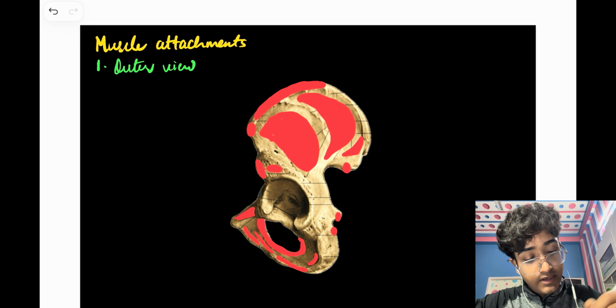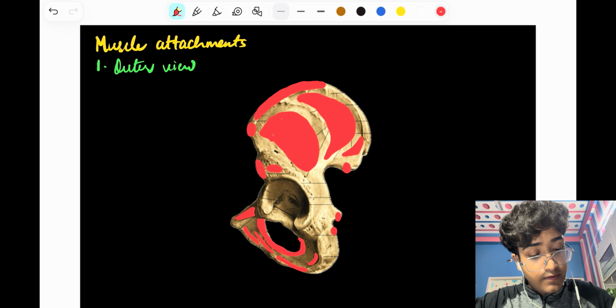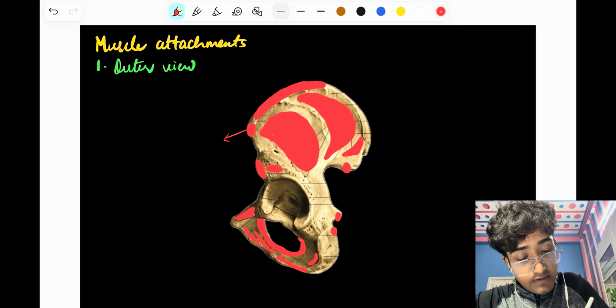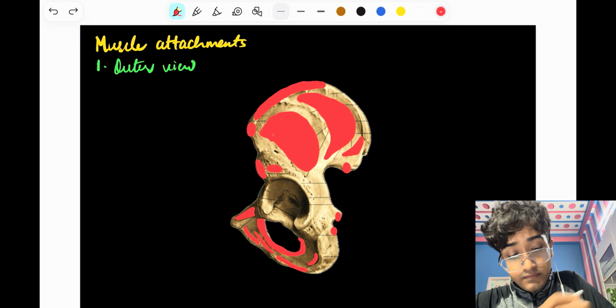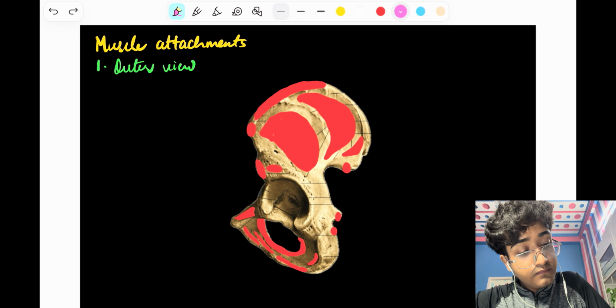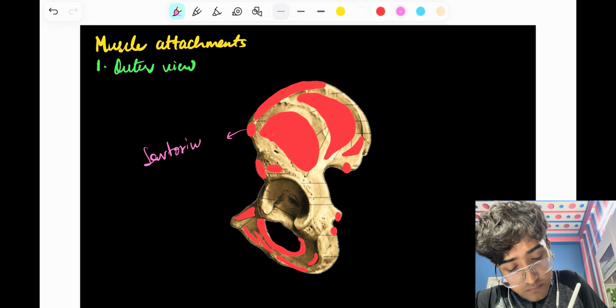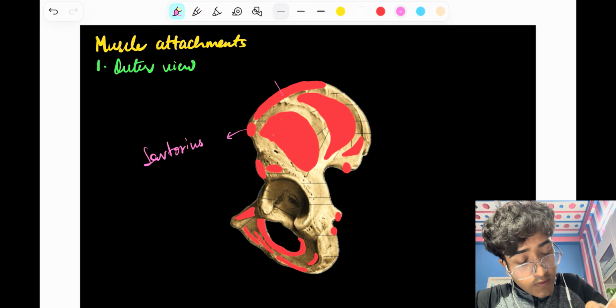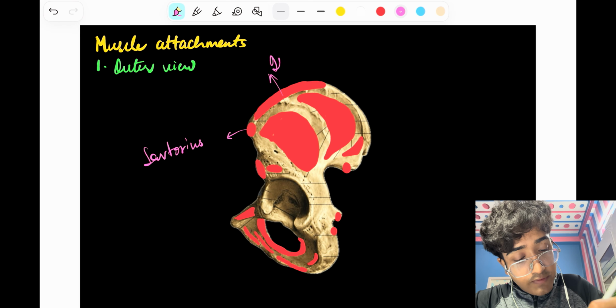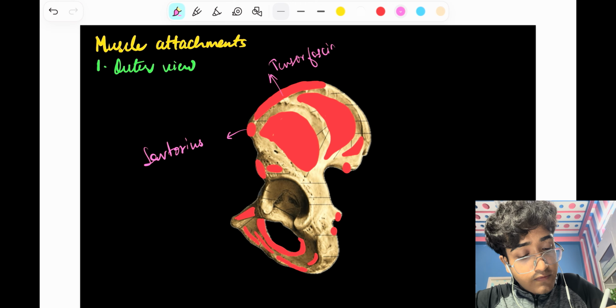So let's check the muscle attachments of this hip bone. In this ilium part, the anterior superior iliac spine gives the attachment to sartorius muscle. The iliac crest gives the attachment to the tensor fascia lata muscle.